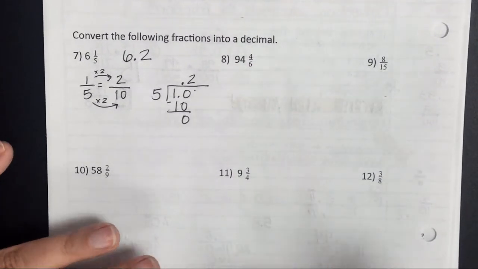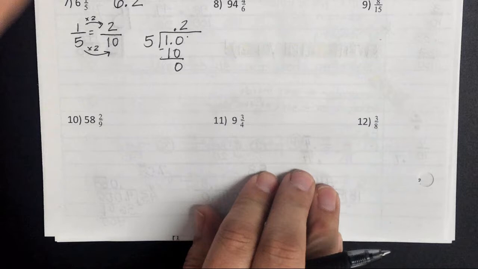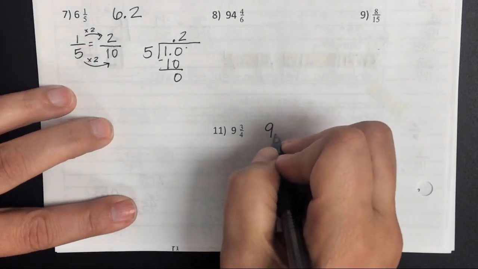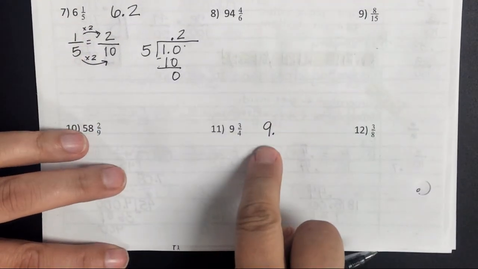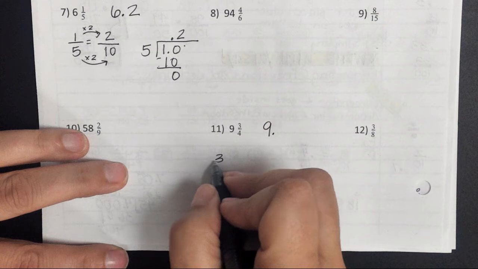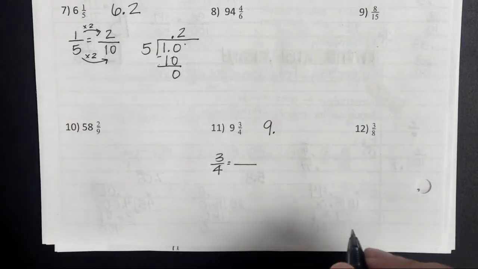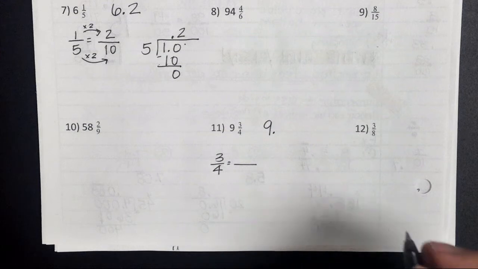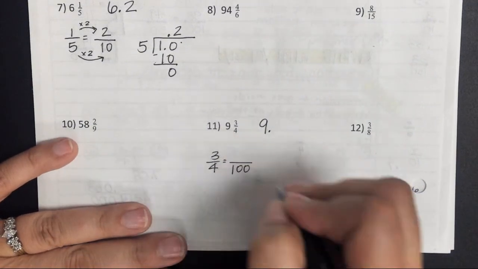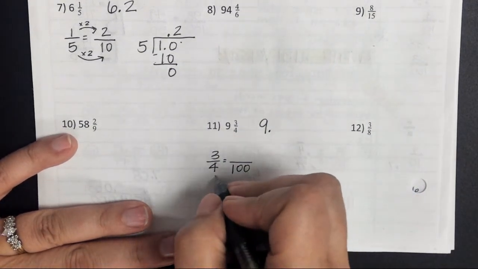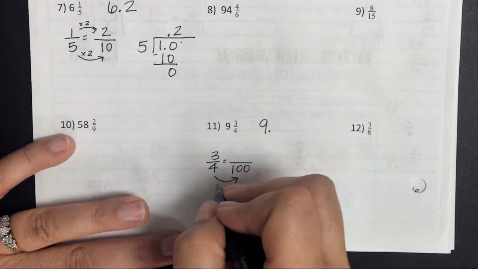Okay, so let me show you both ways. Again, whole number, what are we doing? Okay? So, like what we were saying, if I have 3/4, and I know, in my mind, 4 will go into 100 an even number of times. So I can change my denominator to 100. How did I get there? By 25.